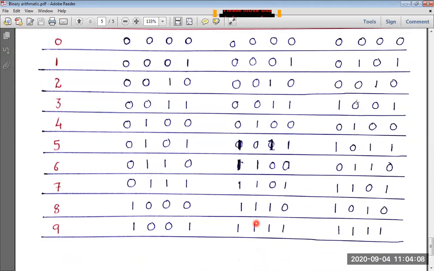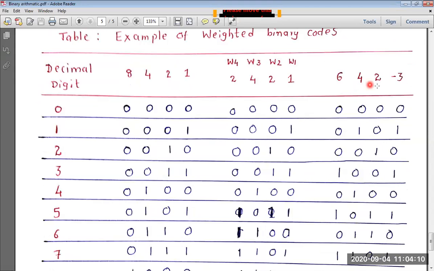Now there is another code shown in the table, which is called 642 minus 3 code. The weight given to the fourth digit is 6, the third digit is 4, the second digit is 2, and the first digit is minus 3.